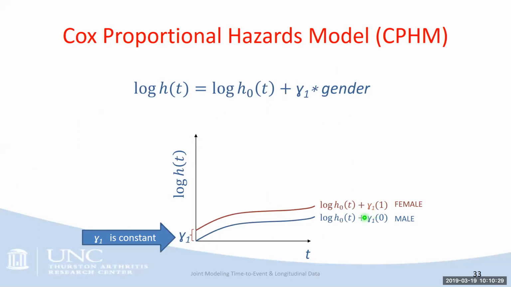So in this case, if I just have males and females, let's say males have their log hazard plotted out this way, and females should have that log hazard with a difference in gamma. The very important thing here is to note that gamma is constant. The difference in the log hazard, in this case, between males and females should stay constant over time. That's the very important thing to note here.